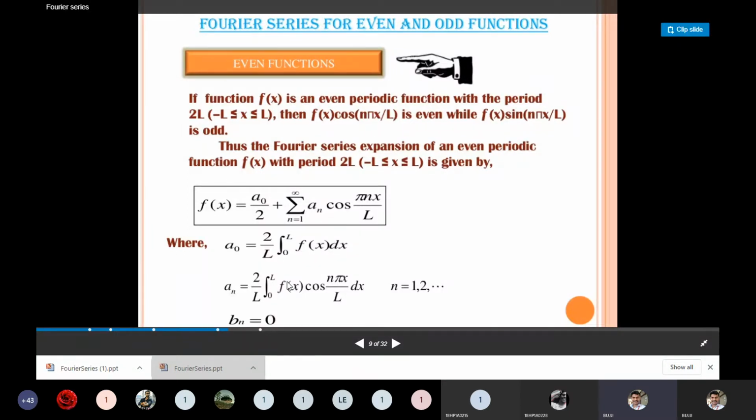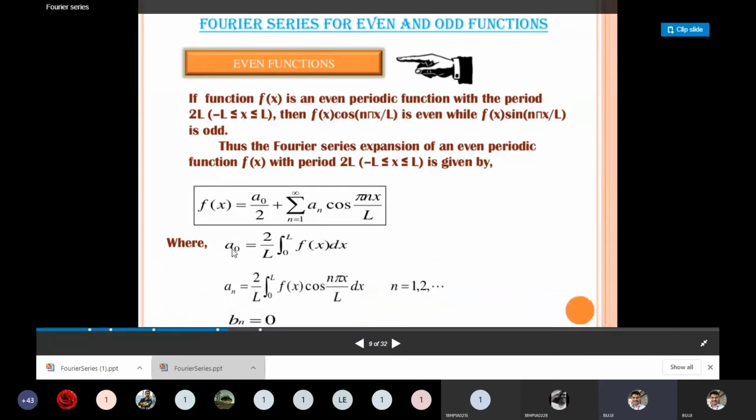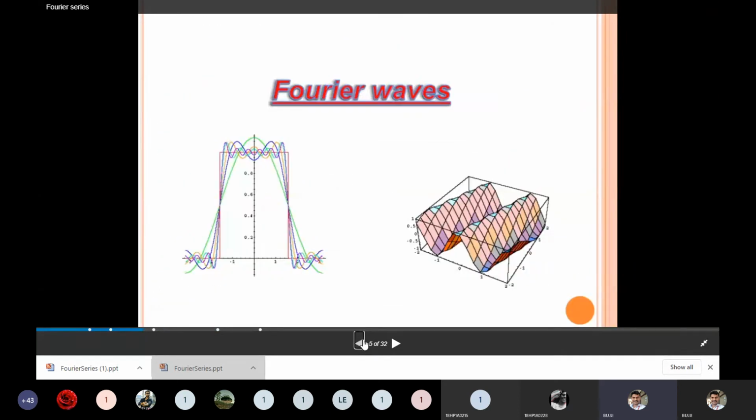Already bn we have to show that it is 0.